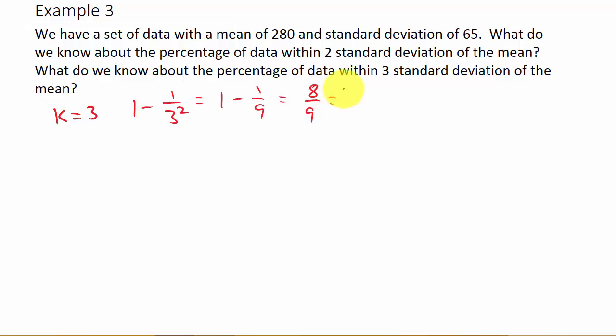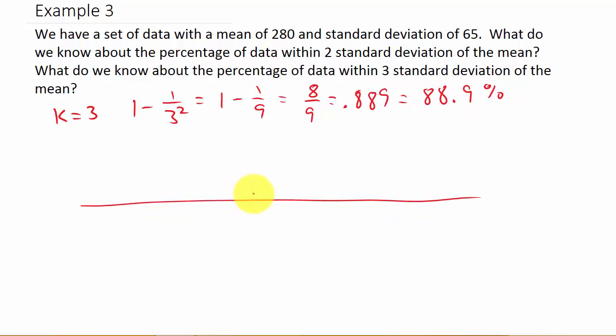When you punch that into your calculator, that gives you 0.888889. If we round it to 3 decimals, 0.889, that's 88.9%. So we can say that 88.9% lie within 3 standard deviations of the mean.